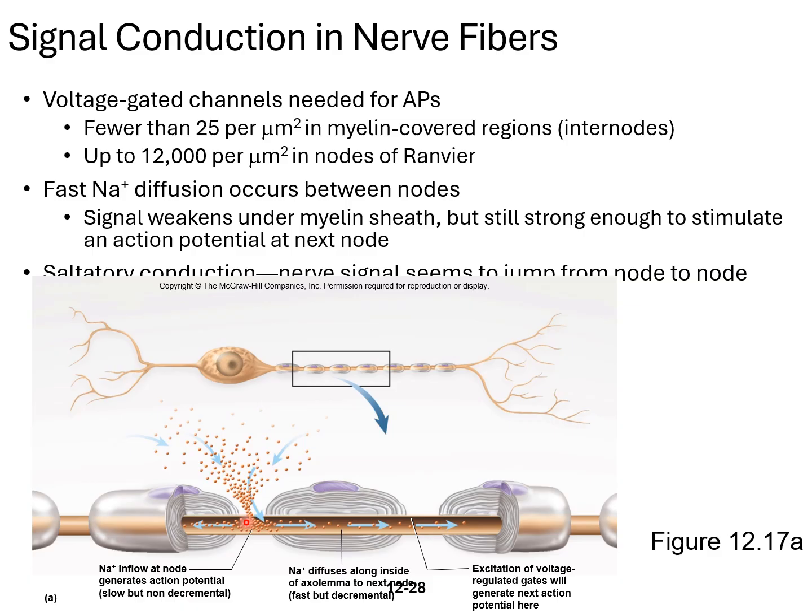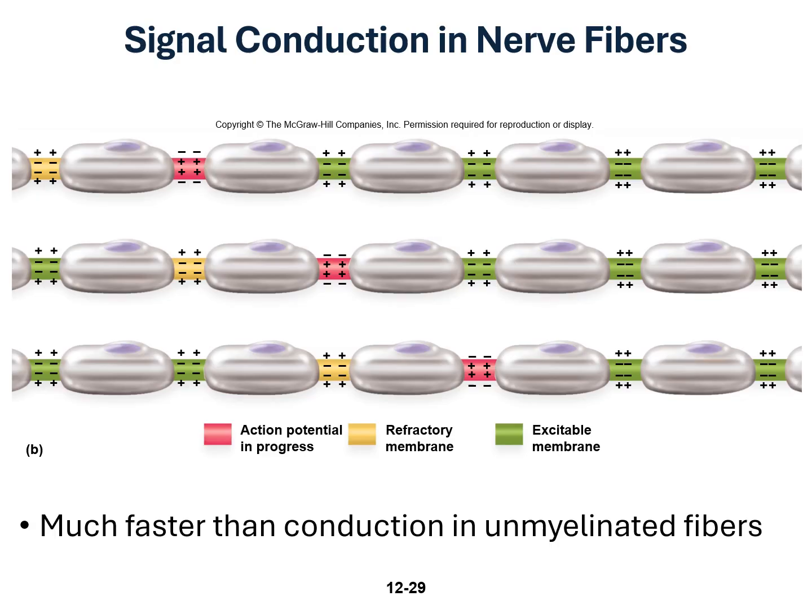So instead of it just going right next to it and traveling down that way, this is called saltatory conduction. It looks like it jumps from node to node. Instead of having them right next to each other, they jump and jump. And that's how a myelinated axon can conduct a signal much quicker than a non-myelinated one.